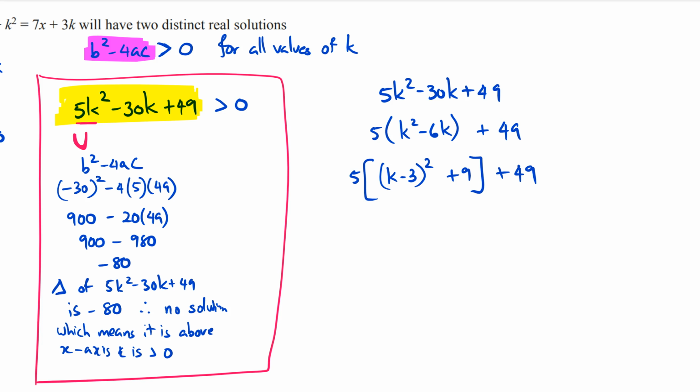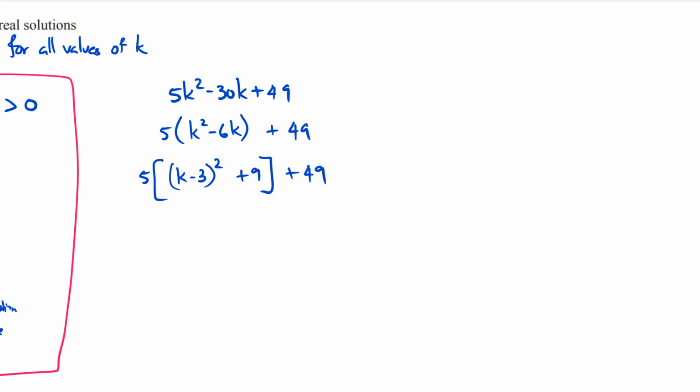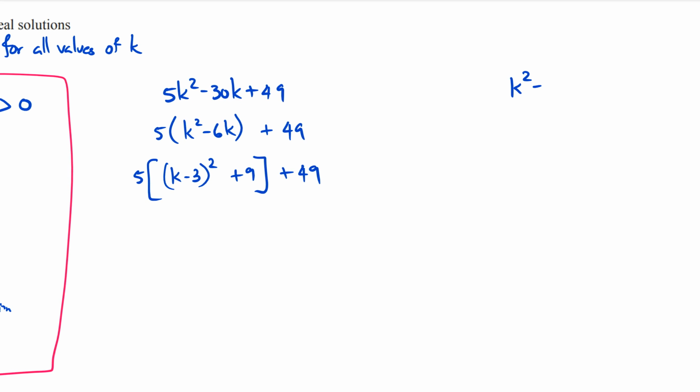Now, if you're not sure how I got that square bracket, have a look at it here. If I have k squared minus 6k, I can rewrite this as k minus 3 times k minus 3, which is k squared minus 6k plus 9. And if I want to complete the square, I need to make sure I put that minus 9 next to it.